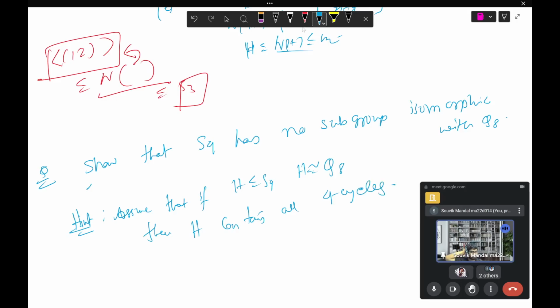This is the thing you need to assume. Assume it now. First assume, then try to solve it. If H is a subgroup of S4 and H is Q8, then show that H contains all 4-cycles. Assume and please try to solve it. This is the main hint actually.